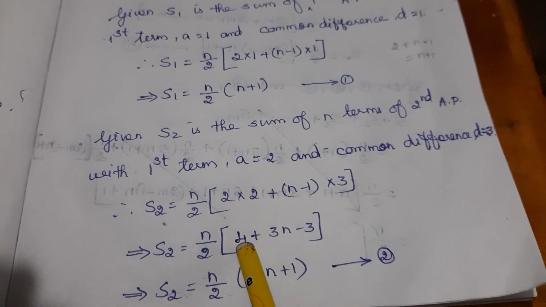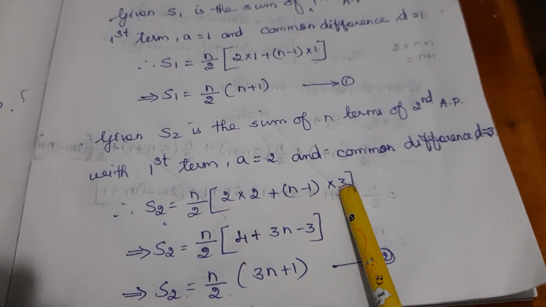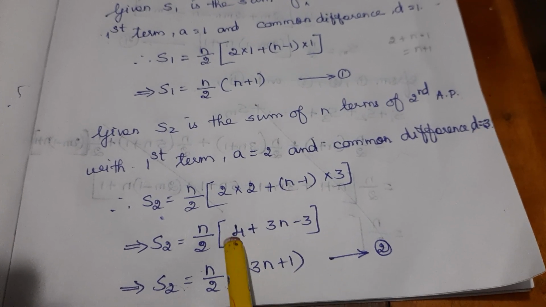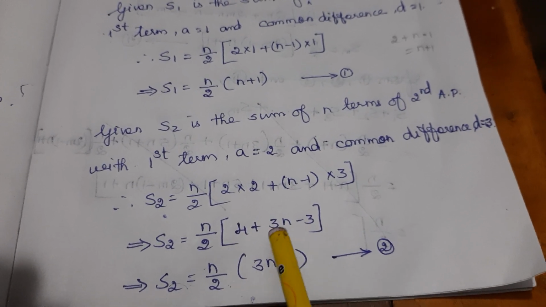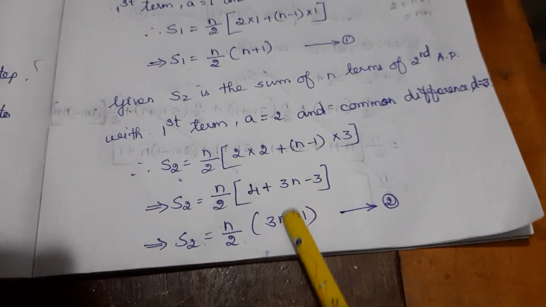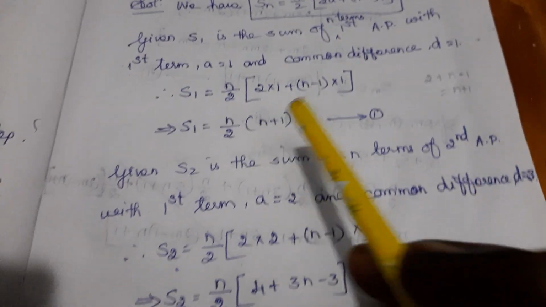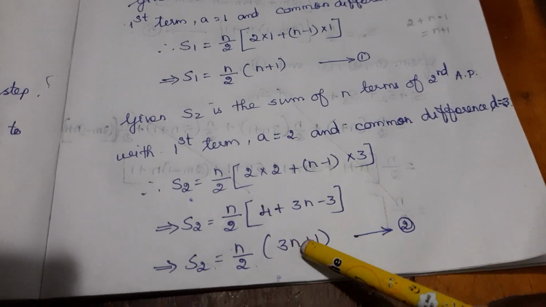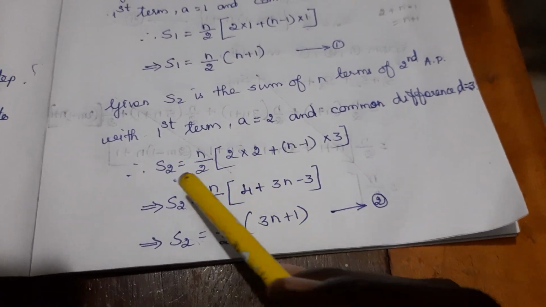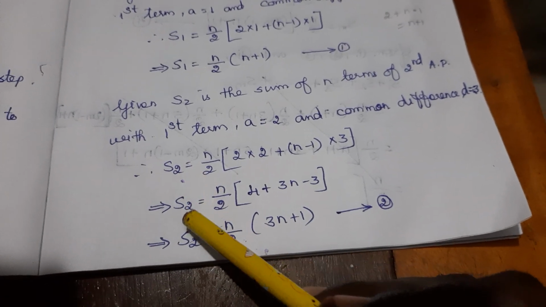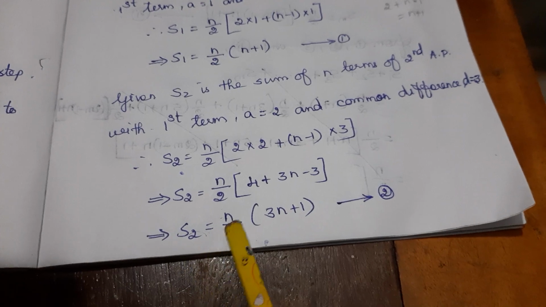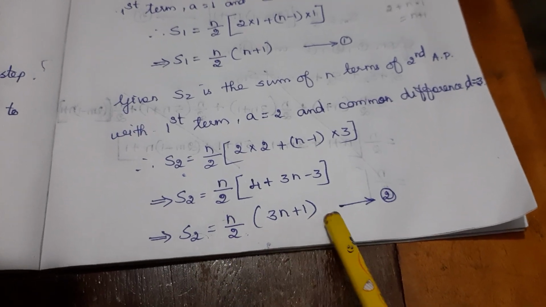So 2 into 2 is 4, n minus 1 into 3 is 3n minus 3. When you simplify this, 4 minus 3 is 1, so you will get 3n plus 1. Only the changes are in simplifying inside the bracket; the remaining you write in the same way. At last you will get S2 equal to n by 2 into 3n plus 1.